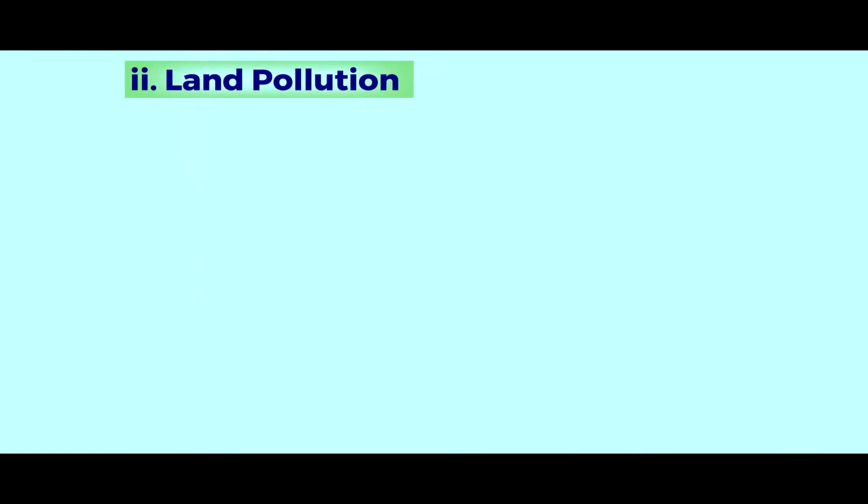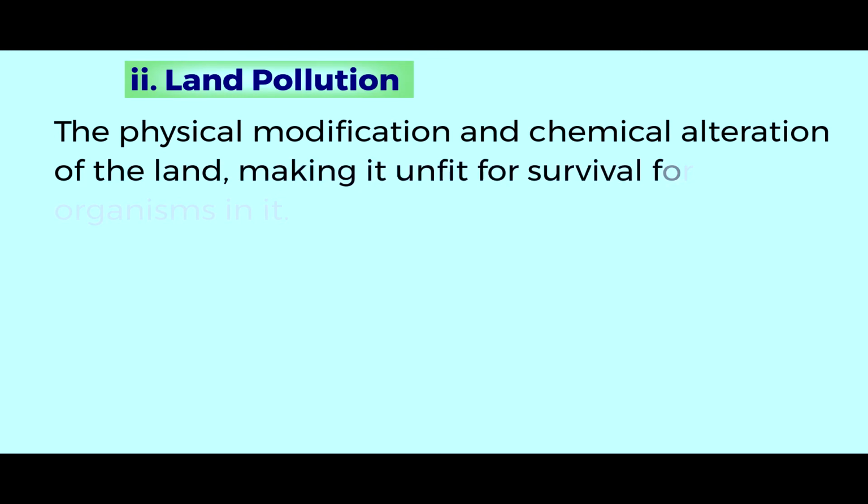Large scale agriculture leads to modification of the surface of the land. That is one form of land pollution. So we can define land pollution as the physical modification and chemical alteration of the land, making it unfit for human use as well as for the survival of organisms in it.